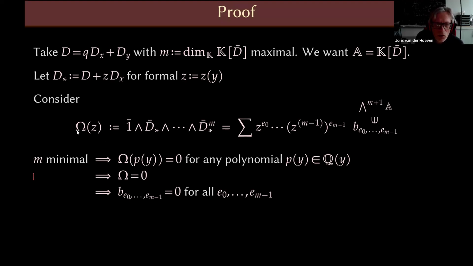And so basically this omega vanishes at any polynomial. But if this happens for some differential polynomial, that it vanishes at all polynomials, then actually this thing has to be zero.